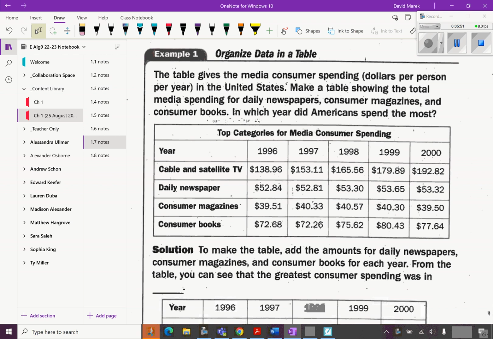Make a table showing the total media spending for newspapers, magazines, and consumer books. Okay, so if they're saying here specifically newspapers, magazines, and books, they've given us too much data. They don't want us to pay attention to that at all.